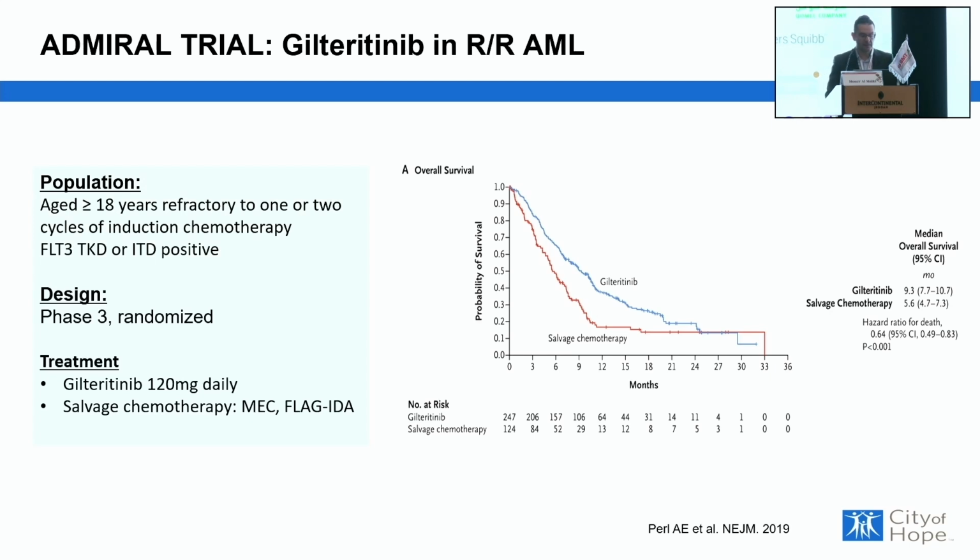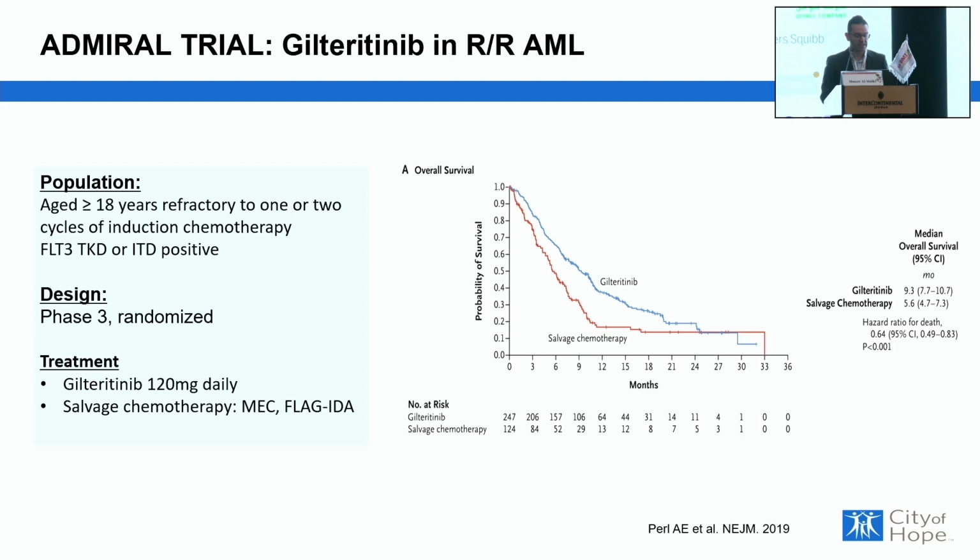The ADMIRAL trial is the most recent, actually the second to most. Gilteritinib is considered to be a more potent FLT3 inhibitor. It was tested in a phase 3 randomized study versus best available salvage therapy. So people got randomized to MEC, FLAG-IDA, and others per a predetermined choice that their doctor had to make.